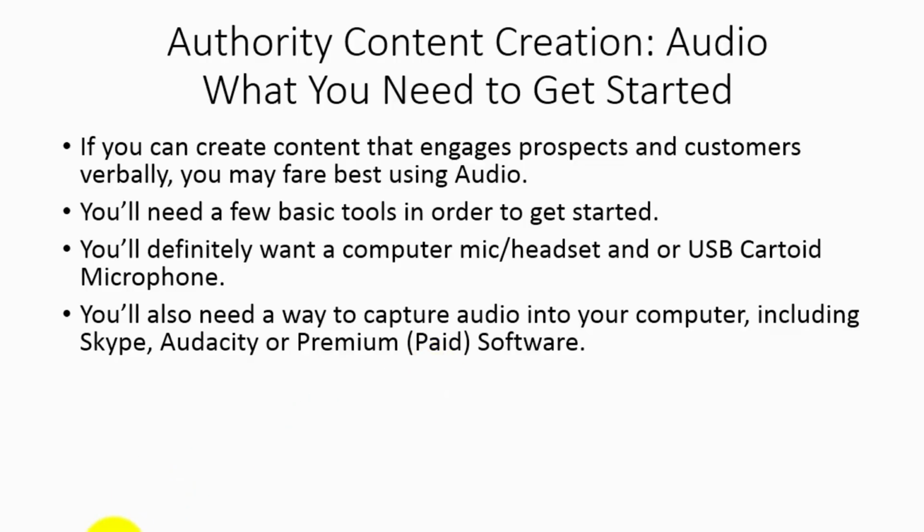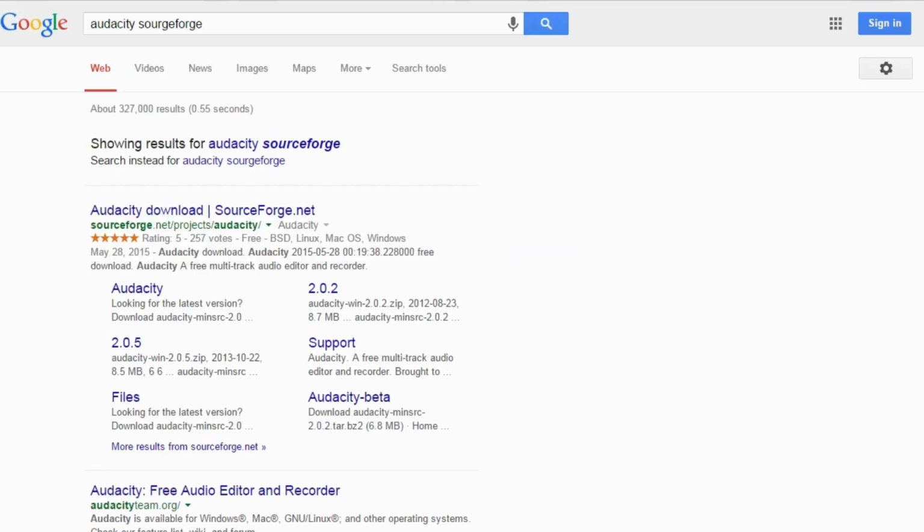Now, you are going to need a way to capture audio into your computer, and typically you can do that in a couple of ways. One of the ways is using the program Skype. If you are capturing interview content, you can use another program that's actually free on the internet, and it's called Audacity. I'll show you what that is right now. Audacity can be picked up using a simple Google search.